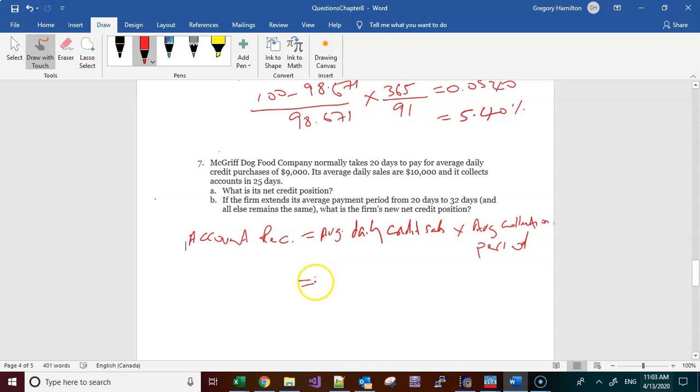It says its average daily sales are 10,000. So it will be 10,000 multiplied by what? 20, or no, that's 25, right? It collects in 25 days, so that would be 25. So that's equal to 250,000.